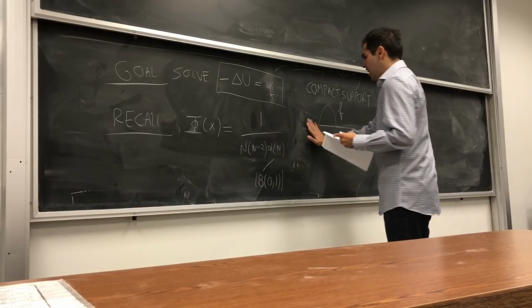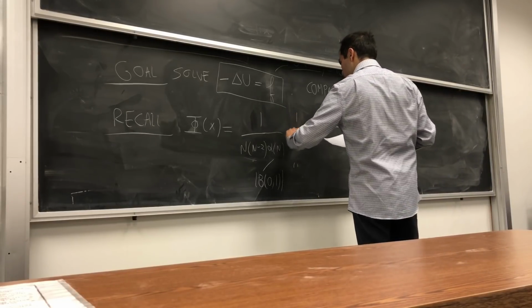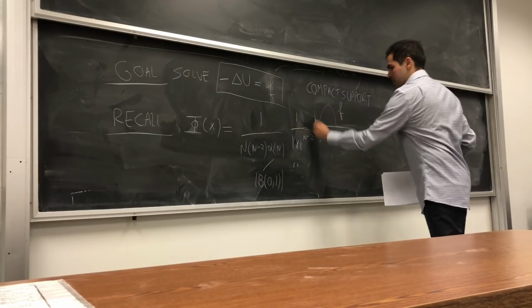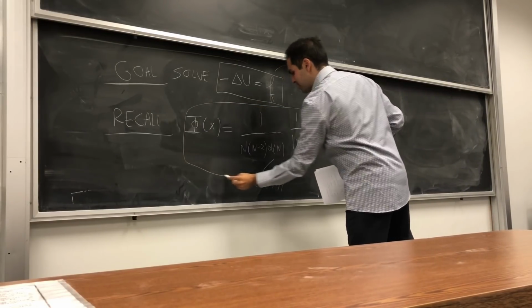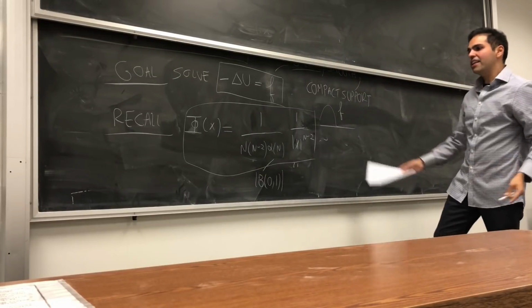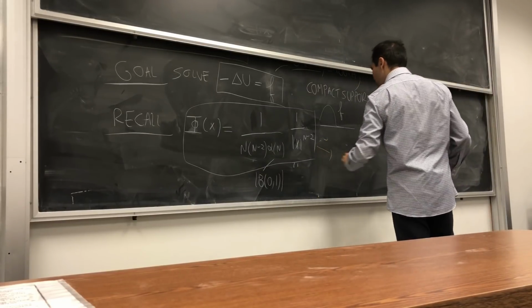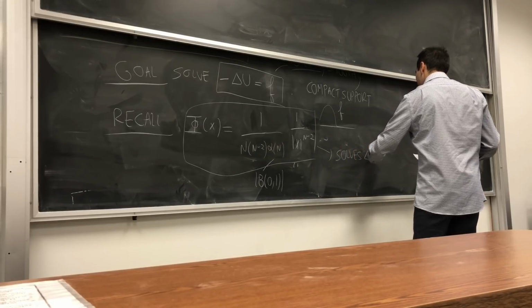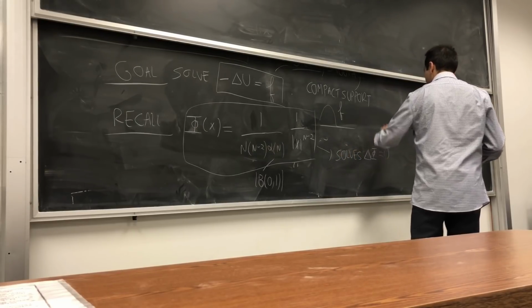And this times 1 over |x| to the n minus 2, in absolute value. So this is a fundamental solution, and one thing that we've learned before is that it solves Laplacian of phi equals 0.